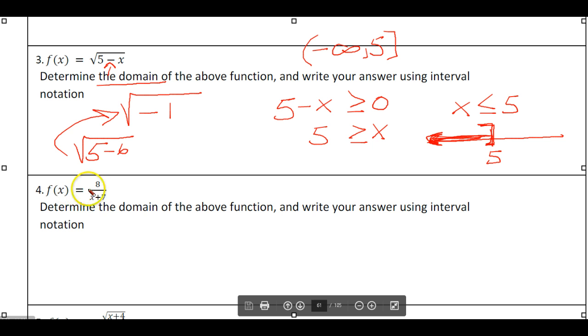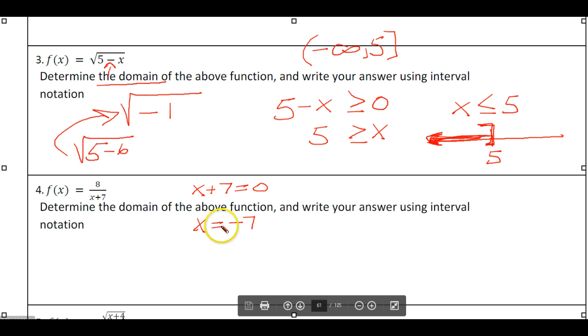Now for number 4, again, we can have a denominator that would make this function undefined. That is, make the denominator a 0. So we solve it in a similar way. We take our denominator and say x plus 7 equals 0, and we get then x equals negative 7 as we transpose that 7 to the other side.